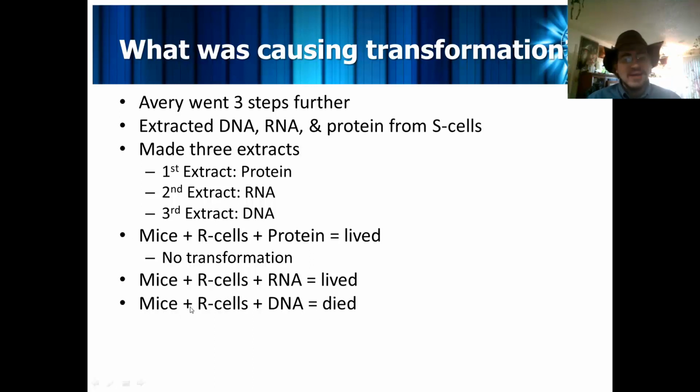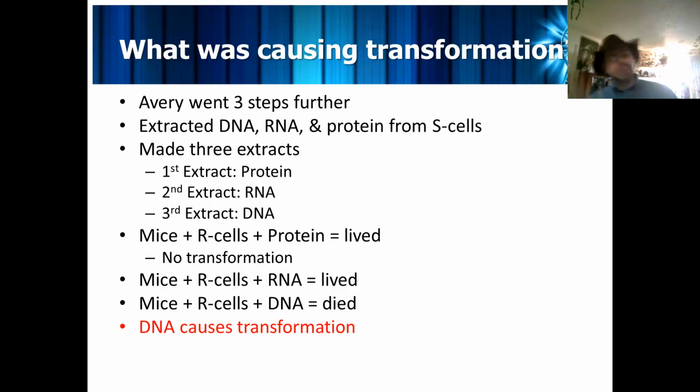So finally, he injected mice with R cells and DNA from the pathogenic S cells. And what do you know? The mice died. So DNA causes transformation. That's it. That closes the book, right? We now knew in 1941 that DNA carries genes because only DNA caused transformation.